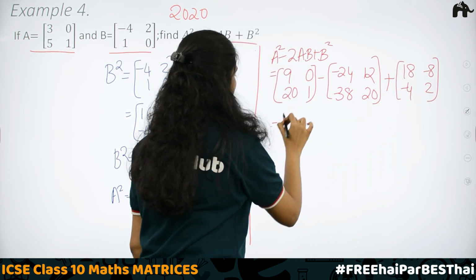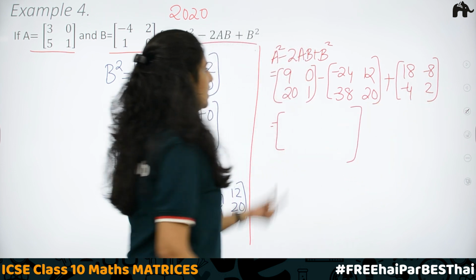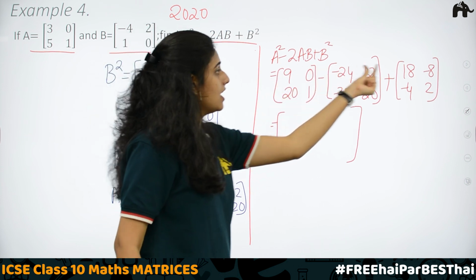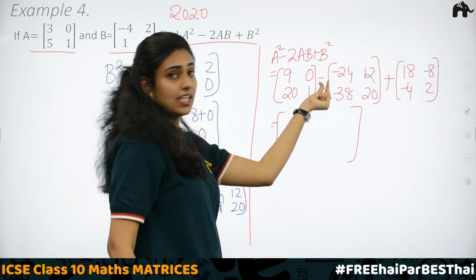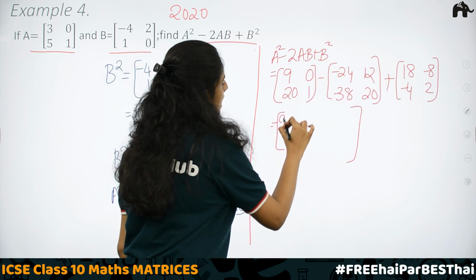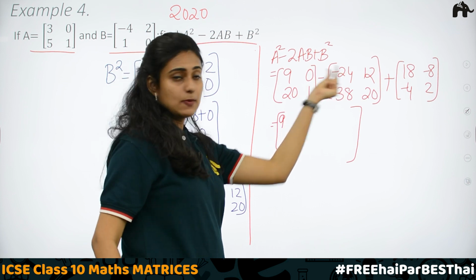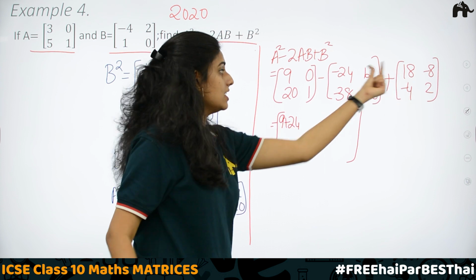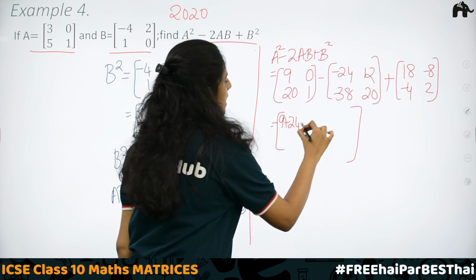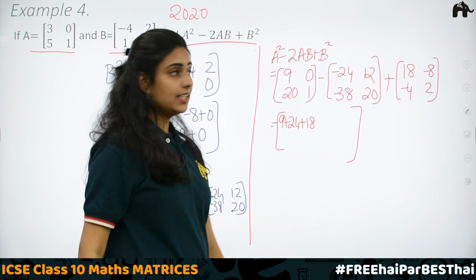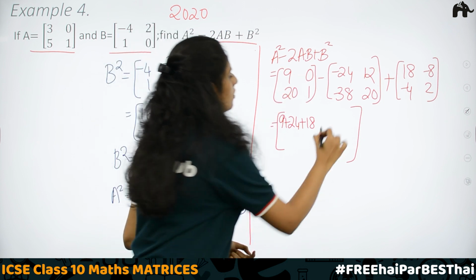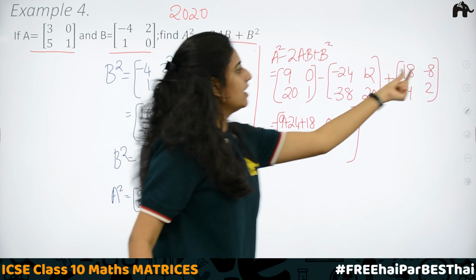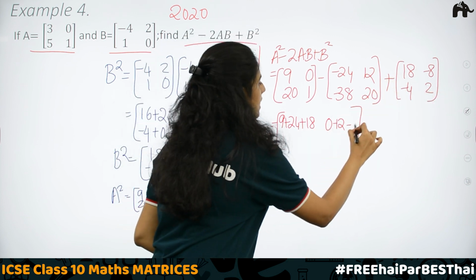Next step, we will add this to get the first element. We will take 9 from here, minus 24 from here and 18 from here. Here we have a negative sign. The first element will be 9, minus of minus becomes plus 24, here we have 18. The sign is plus. Plus 18. To get the next element, here we have 0, minus 12, then here it is minus 8, minus 8.